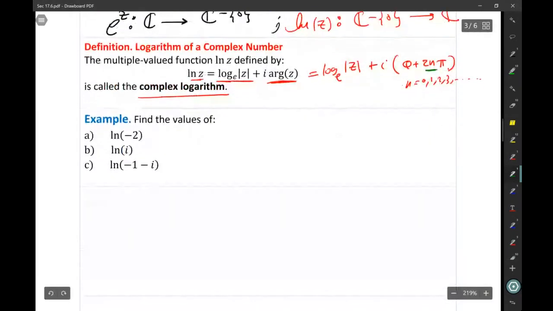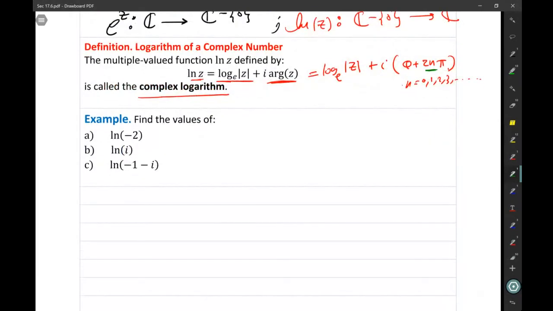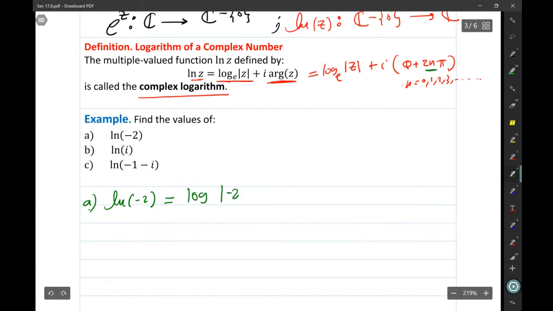Okay, let us see them. It says find the values of ln of minus 2. Ln of the complex number minus 2 is equal logarithm absolute of minus 2 with base e plus I times the argument of minus 2.